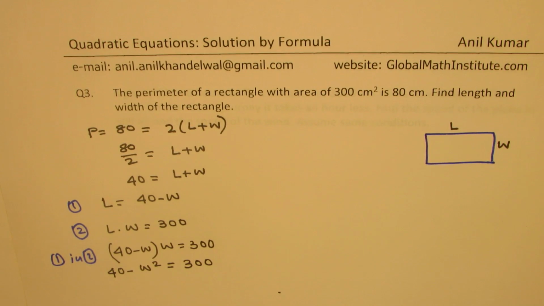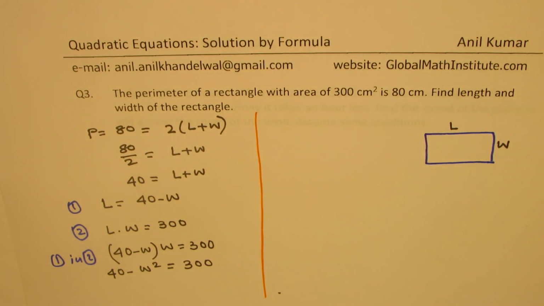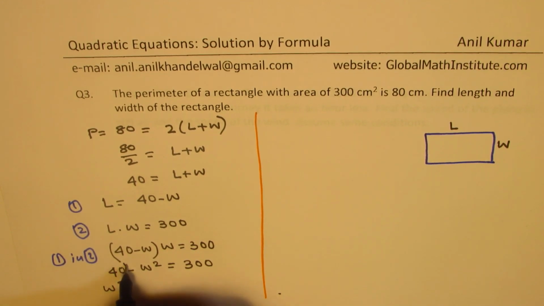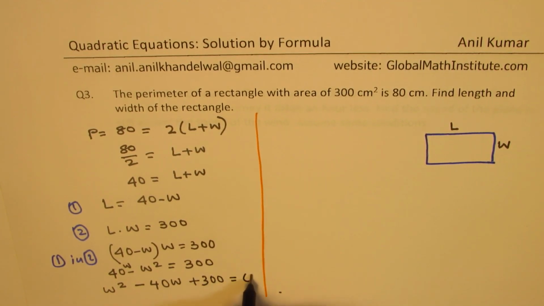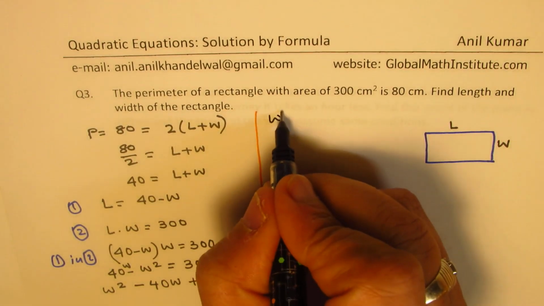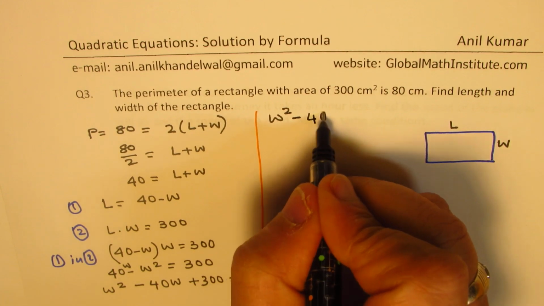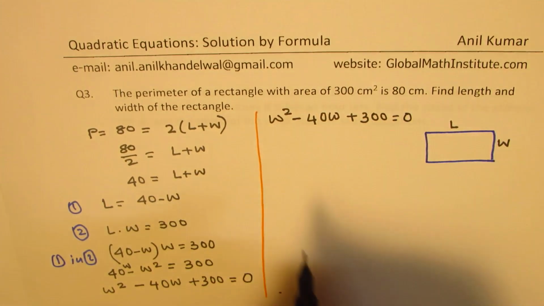Now this is a quadratic equation, which we can solve using the quadratic formula, right? So let me rewrite this equation. Taking the terms to the right side, we can write W squared minus 40W plus 300 equals 0, right? So let's solve this using the formula. So we have W squared minus 40W plus 300 equals 0.